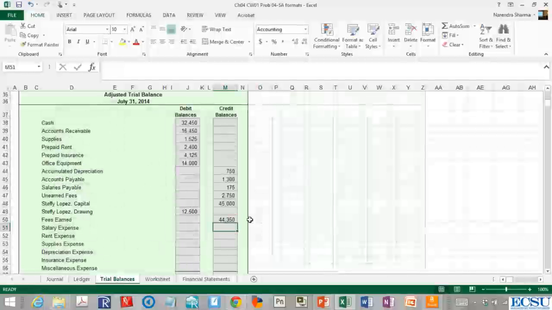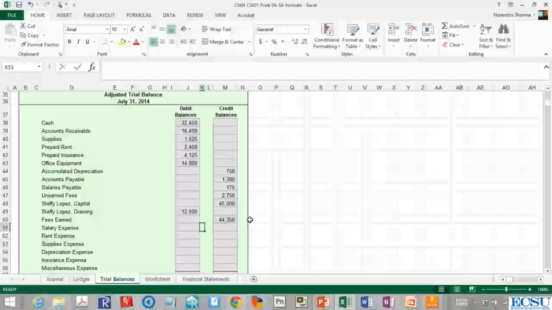44,350. Salary expense was 3,675. 2,400 was the rent expense. Supply expense was 2,275. Depreciation was 750. Insurance was 375. Miscellaneous expense was 1,400.